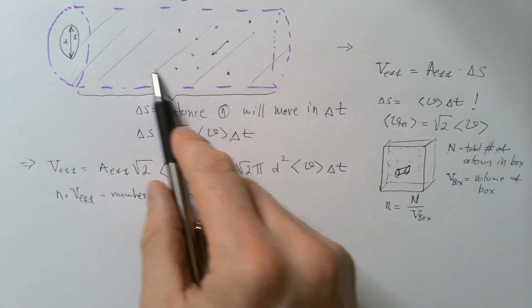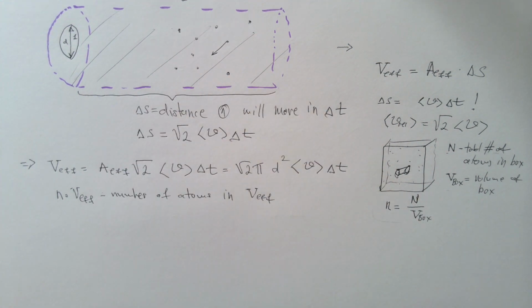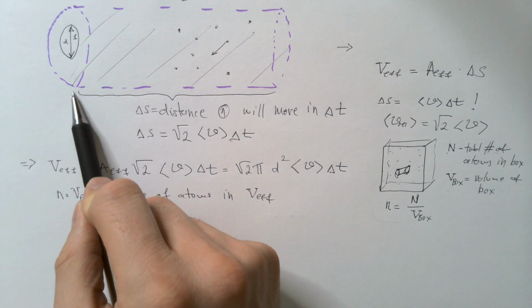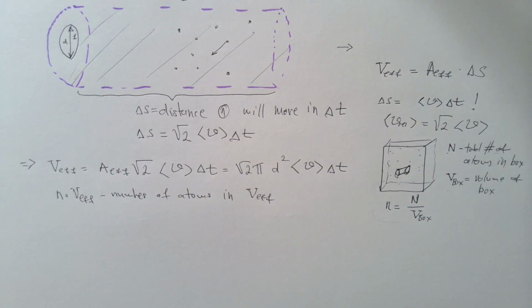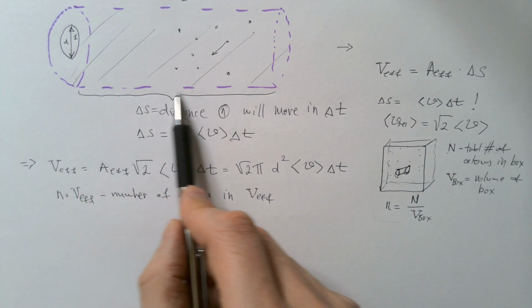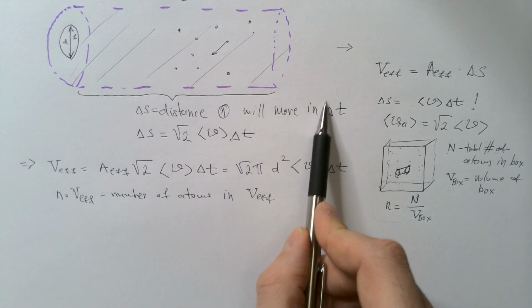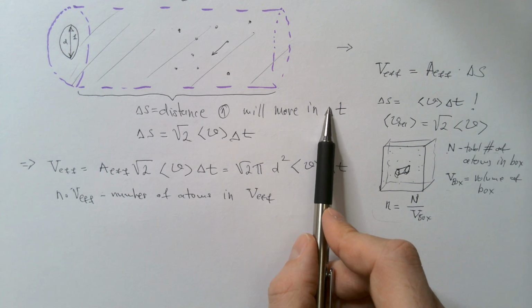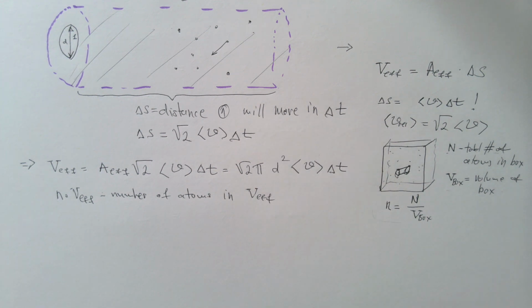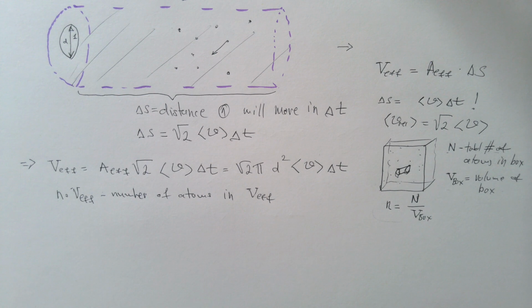I know how many atoms are over here, so I can define a path called mean free path that is length of the path of this reference particle in time delta t, of course, divided by the number of collisions in that time delta t.